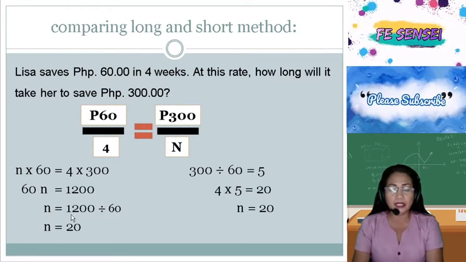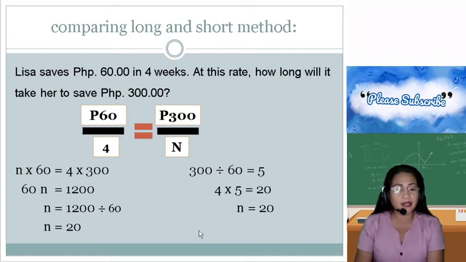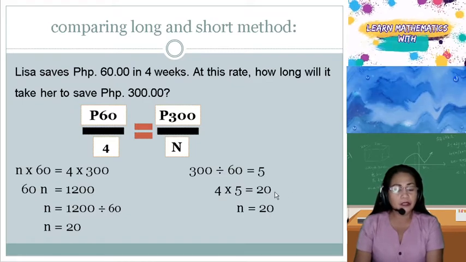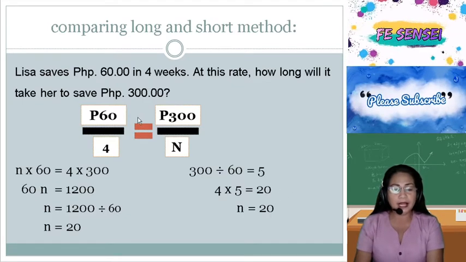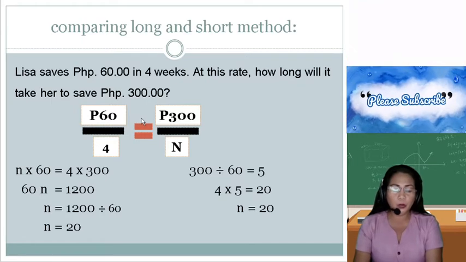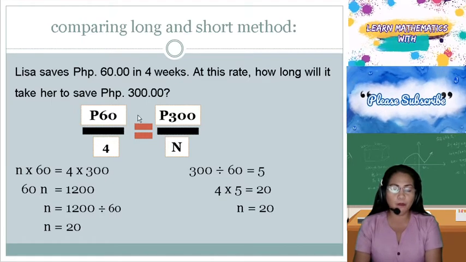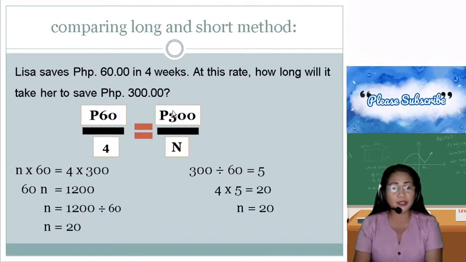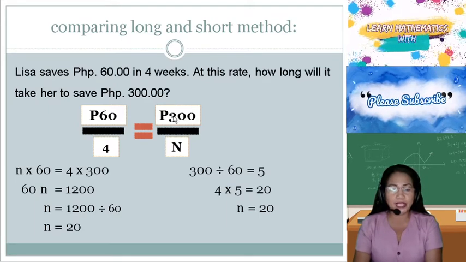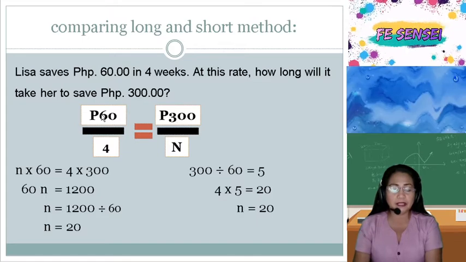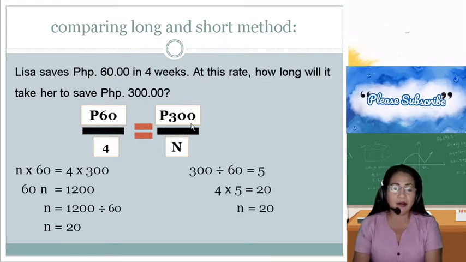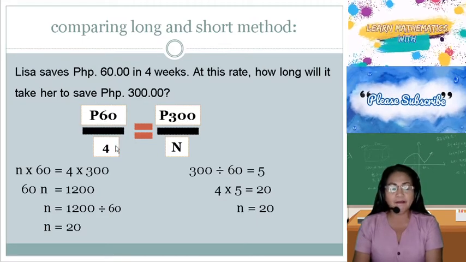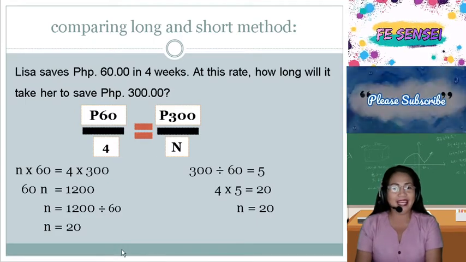It becomes 1,200, while on the shortcut method, just simply find the number you multiply by 60 that gives you 300. And to do that, you have to do the opposite. 300 divided by 60 equals 5, or 60 times 5 equals 300. Then 5 times 4 equals 20.